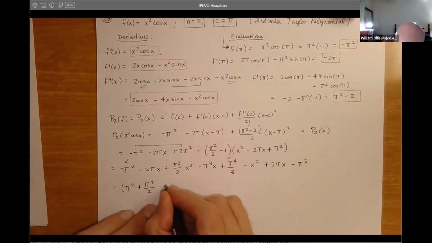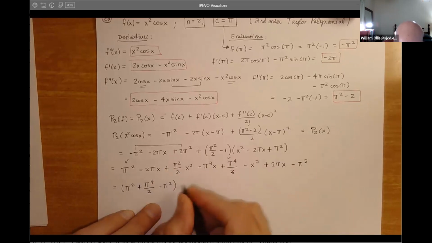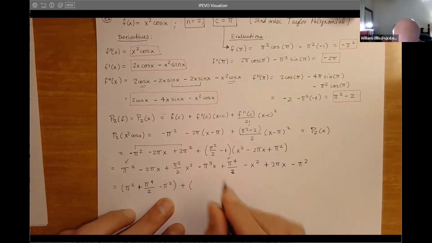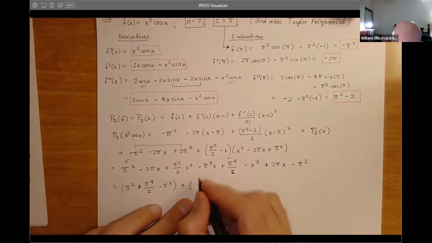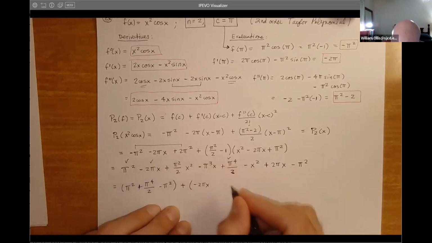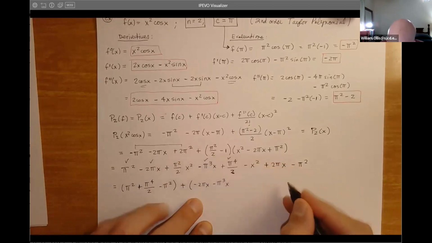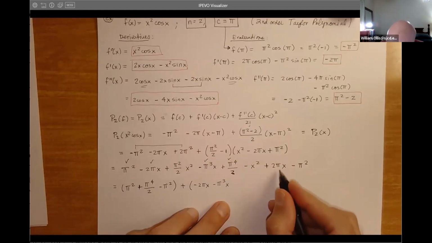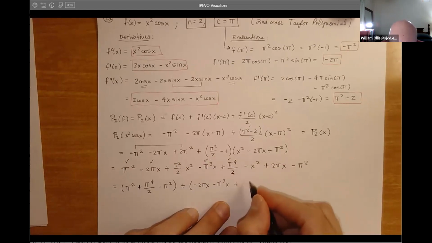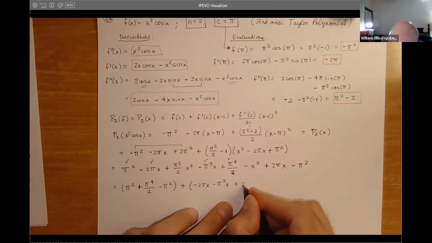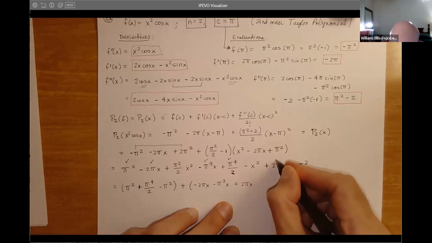Well, those are going to absorb, so that's good. Now let's look at all the x's. So we've got a minus 2 pi x. Just check them off. And then we've got a minus pi cubed x. Check it off. And then we've got a plus, well, that's going to absorb too. Well, how interesting. So we've got 2 pi x. Check.